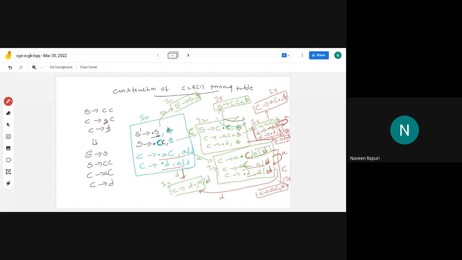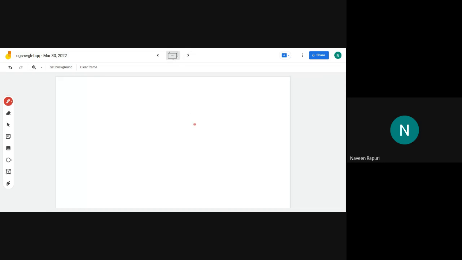So here we got 9 states. From this LR(1) items DFA, we can easily construct the CLR(1) parsing table. For every bottom-up parsing, the parsing table has two parts.